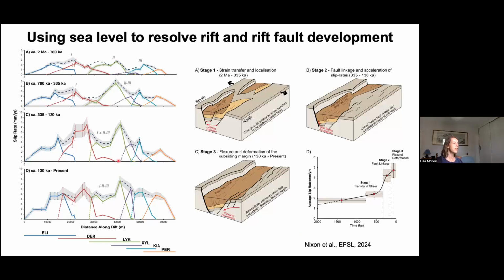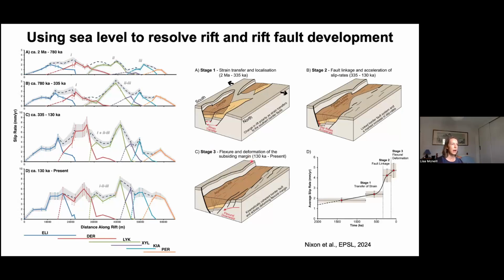You can see some detail on the left here of, over quite short time intervals of about 100,000 years, how we're seeing slip rates on individual faults changing and increasing, and how they're linking together to form this southern border fault system. So overall, the extension rates and deformation rates are increasing, and we're seeing these individual faults linking together. A really nice, detailed picture of how the rift has evolved in high resolution.